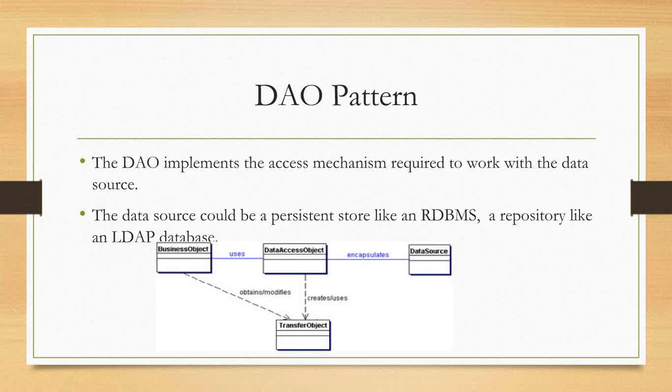Now, who will use this data DAO? You'll find that the business objects or the rest of the application will be using it. Yes, the rest of the application will be using it.